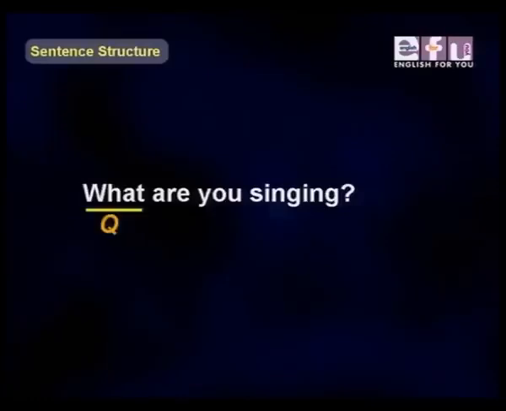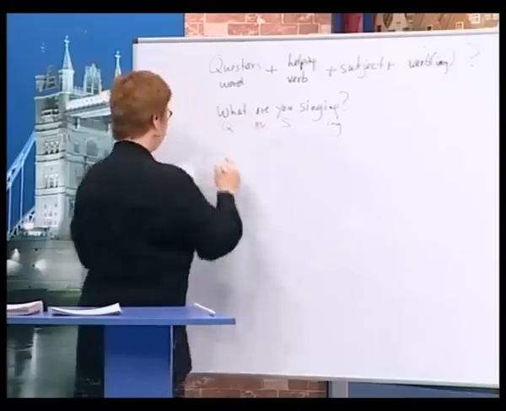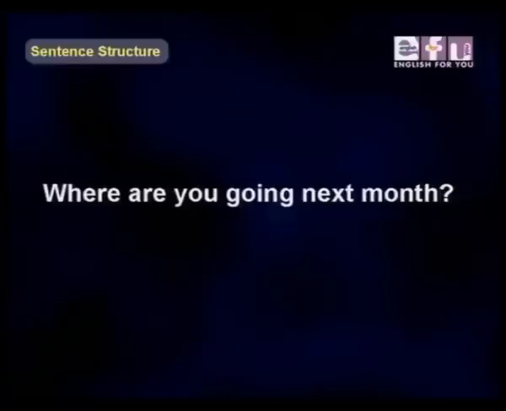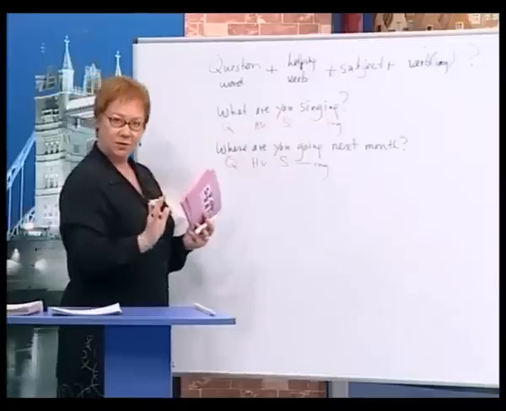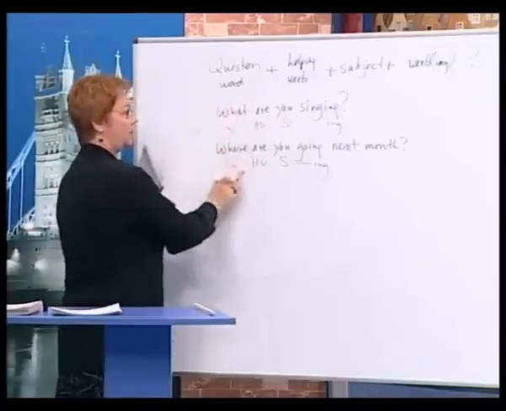We've got the question word, the helping verb, and the ing verb. Okay? Here's another one. Where are you going next month? Question word, helping verb, and the ing verb.